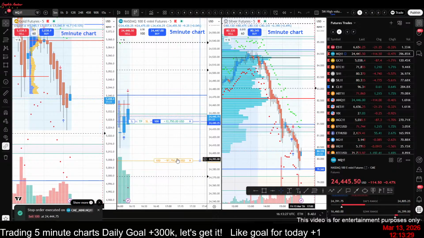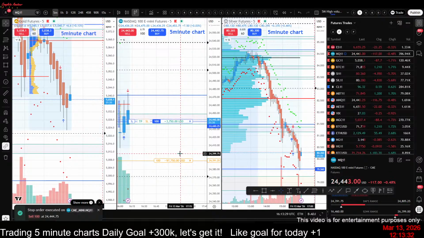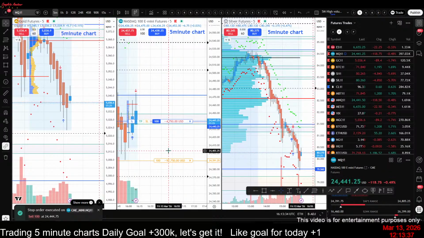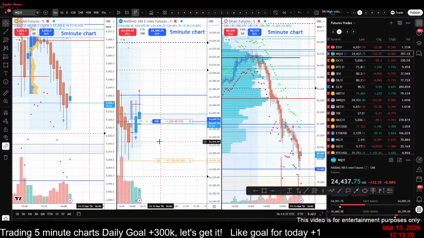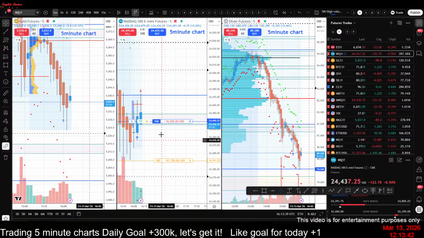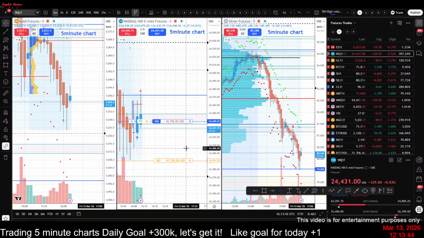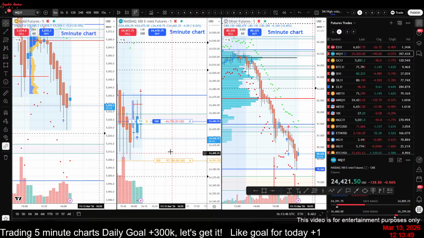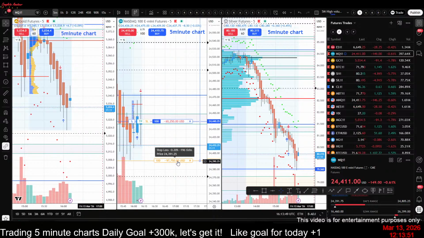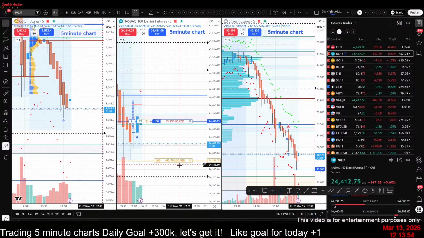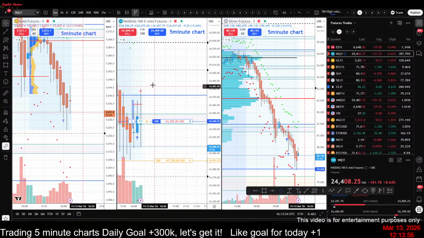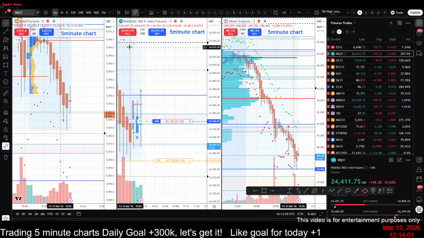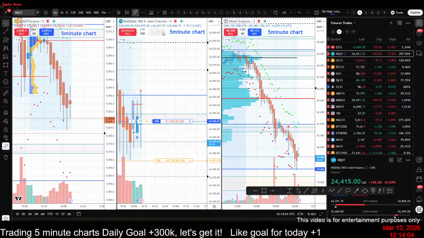Yeah. Seems like it's just retested value area low. It's rejected. Yeah, it's mad.